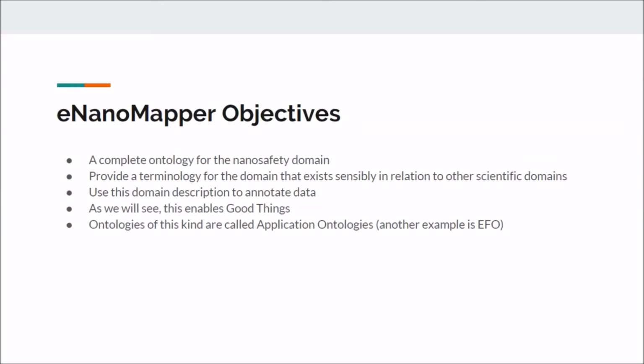Another example, which is quite big, is the EFO, the Experimental Factor Ontology, developed by EBI, which is widely used within their organisation and outside of it to annotate experimental results, and is then used to manage them, retrieve them and experiment upon them further.